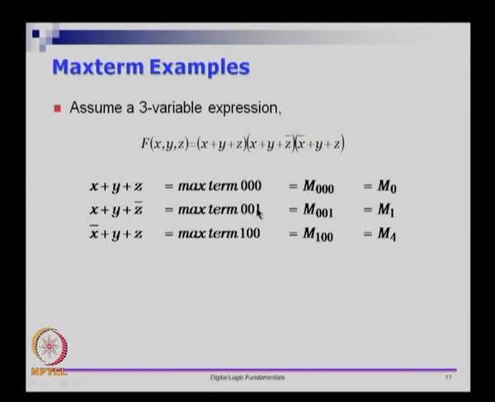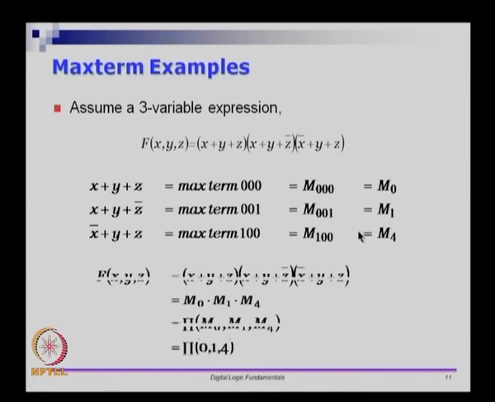So, max term 0, 0, 1, the shortcut notation we will use is capital M subscript 0, 0, 1, which is the same as capital M integer 1. So, this expression is the product of M0, M1 and M4. That is what we have here: x plus y plus z into x plus y plus z bar into x bar plus y plus z is the product of M0, M1 and M4.